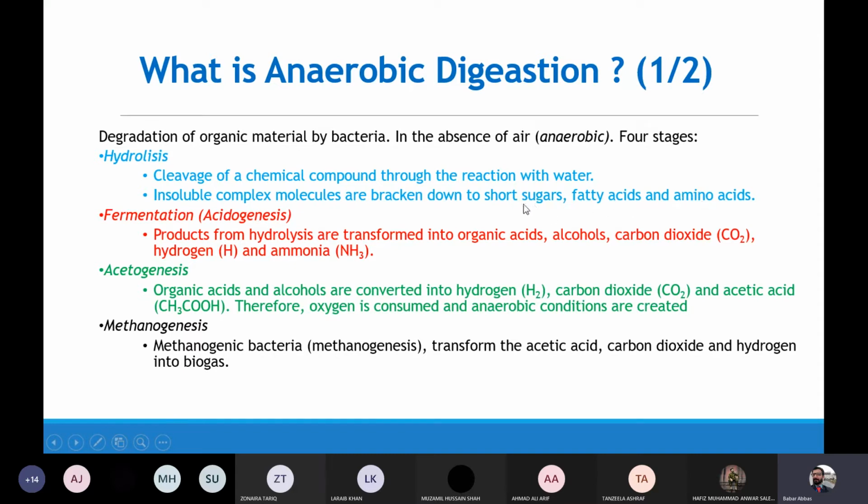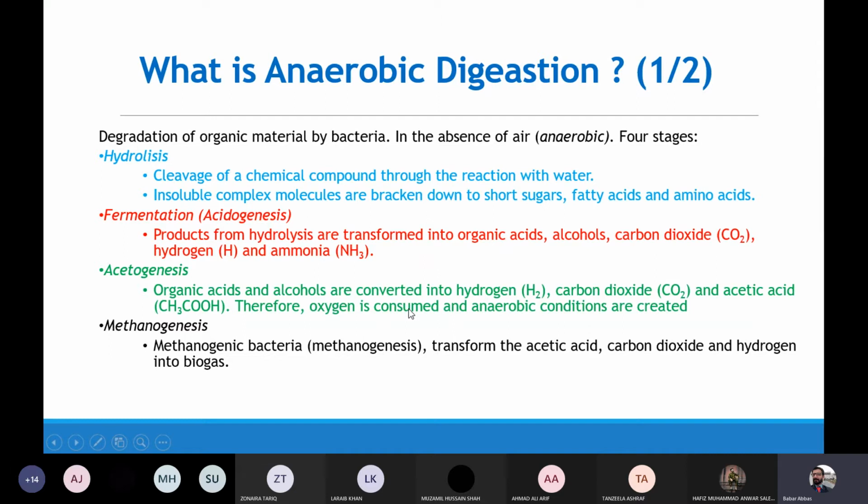These molecules, in later stages, for example in fermentation, products from hydrolysis are transformed into further simpler molecules, that is the organic acids, alcohol, carbon dioxide, and ammonia.